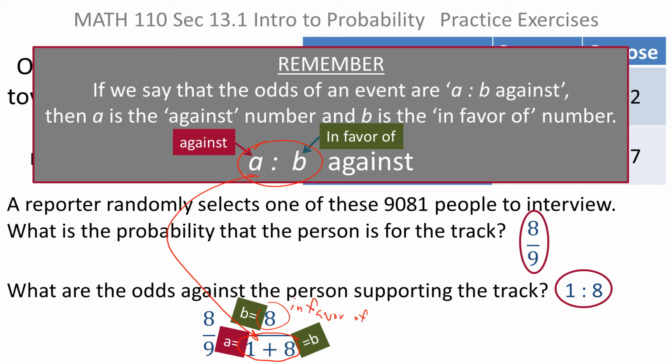But whether it's the left number or right number depends on whether the odds were given as against or for. If the odds were given as against, it will be the number on the right of the colon. And if it's the for, the in favor number, it will be reversed. But once you've got those notions, going back and forth between odds and probability shouldn't be that big of a deal.